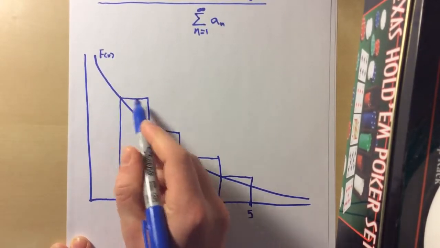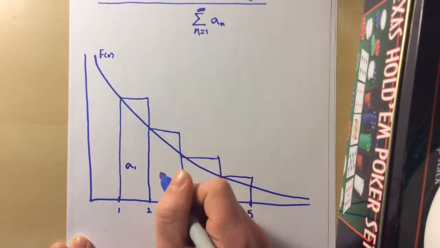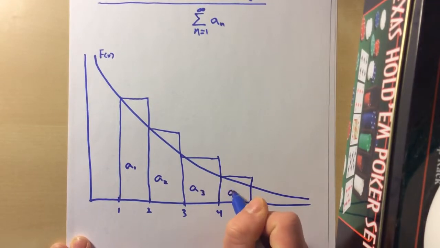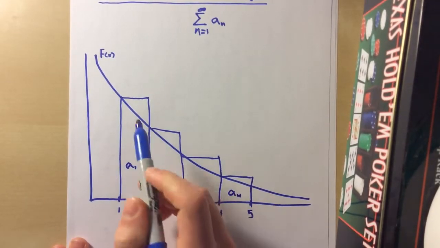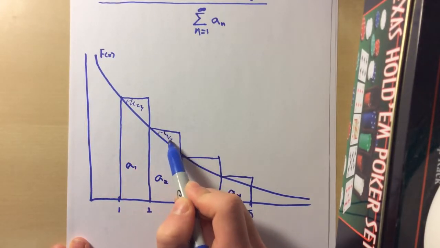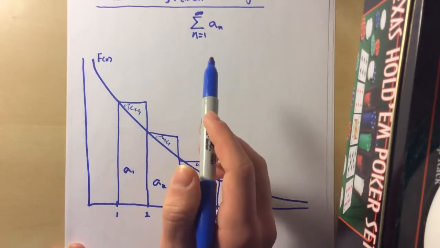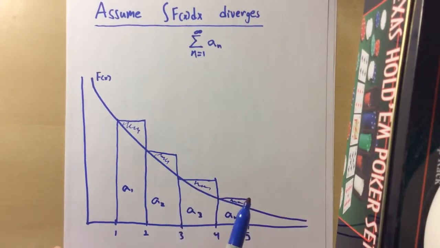Because we're taking the area, 1 unit, and the height of a sub 1. This is just going to be a sub 2, a sub 3, a sub 4, and that goes on forever and ever. And as you see, this area right here shows us that it is greater than the integral. And since the integral diverges, we're assuming this, our series will diverge as well.